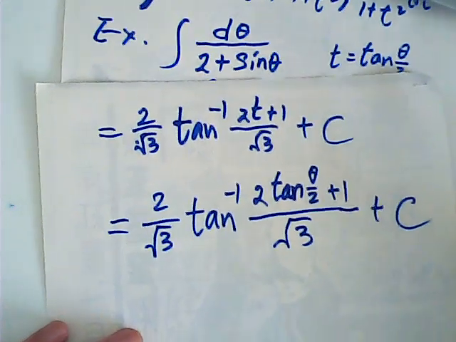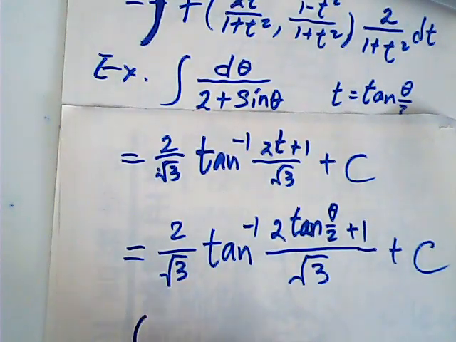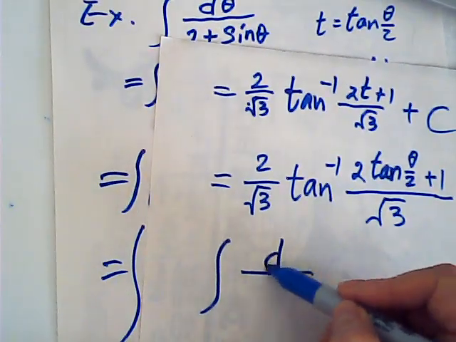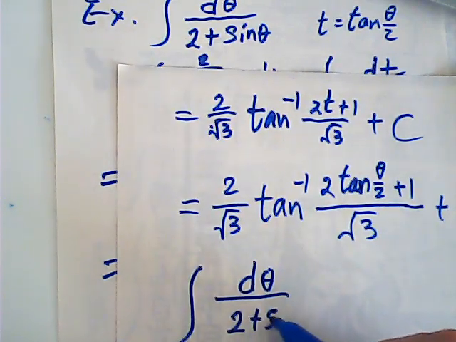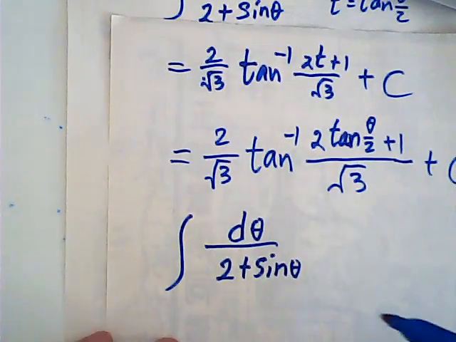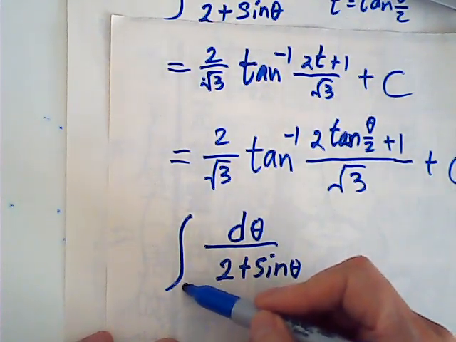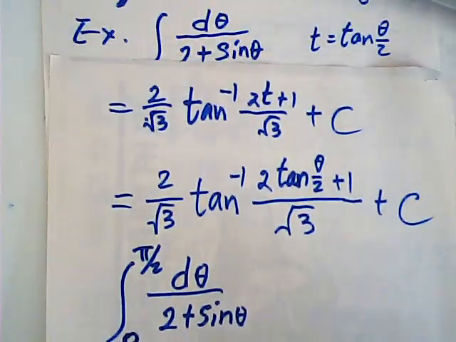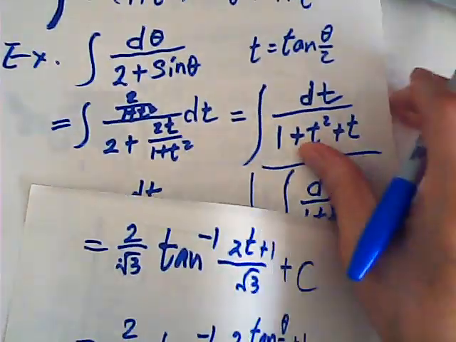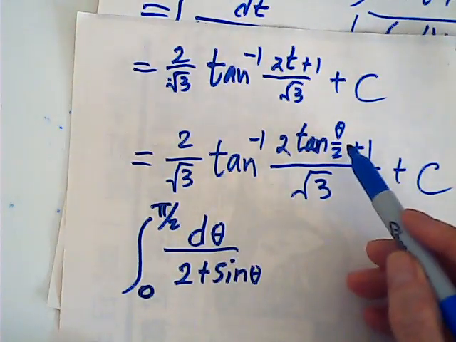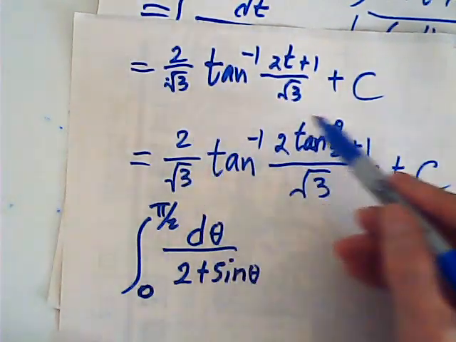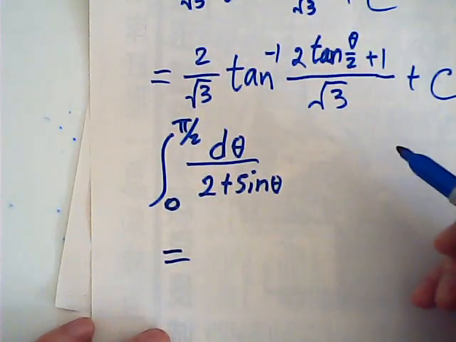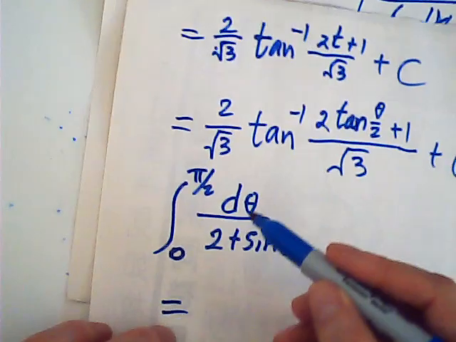Okay. Now let's change it a little bit. How about we make this one a definite integral? This is 2 plus sine theta, which is from 0 to half pi, for example. Then we replace theta from 0 to half pi. Now, we can also convert theta into t.